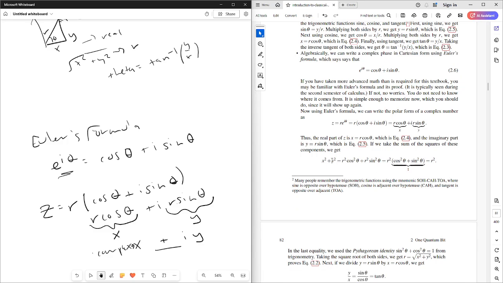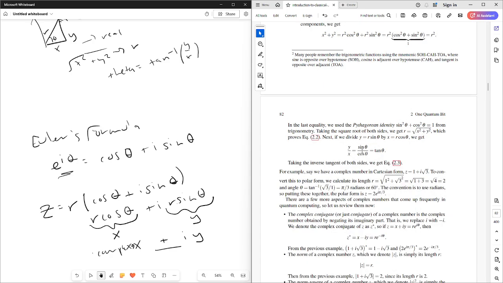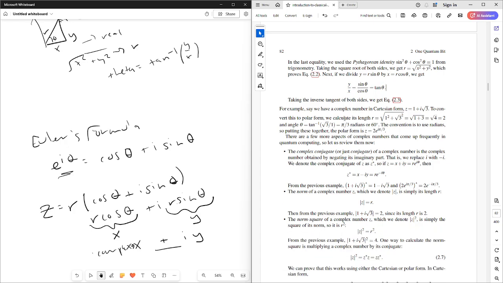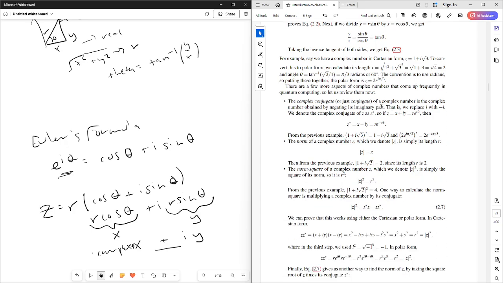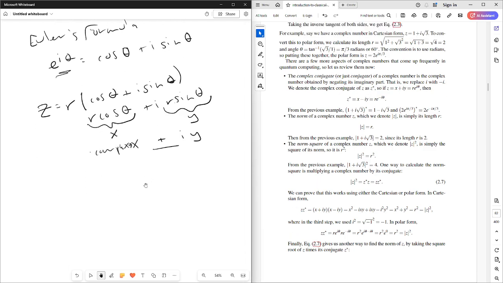And obviously, we take the sum of the squares of the components, and we get r squared. It's trigonometry, right? Stuff that is useful for what we're going to be doing ahead.